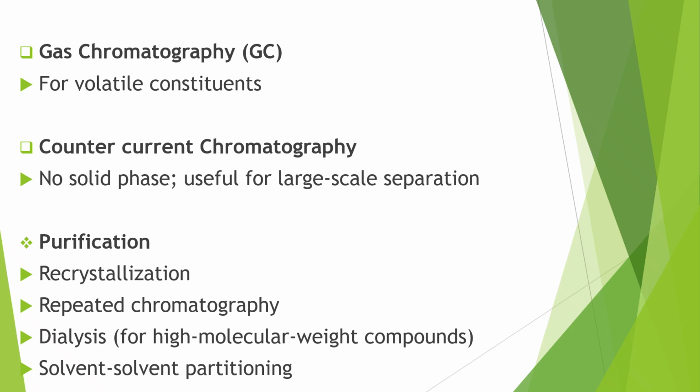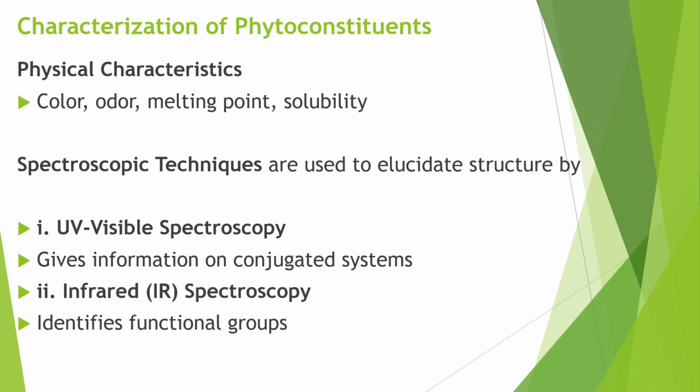As far as the purification process is concerned, the most popular processes we can adopt are recrystallization, then repeated chromatographical processes, then dialysis for higher molecular weight compounds, and solvent partitioning, which is a liquid-liquid kind of purification process.